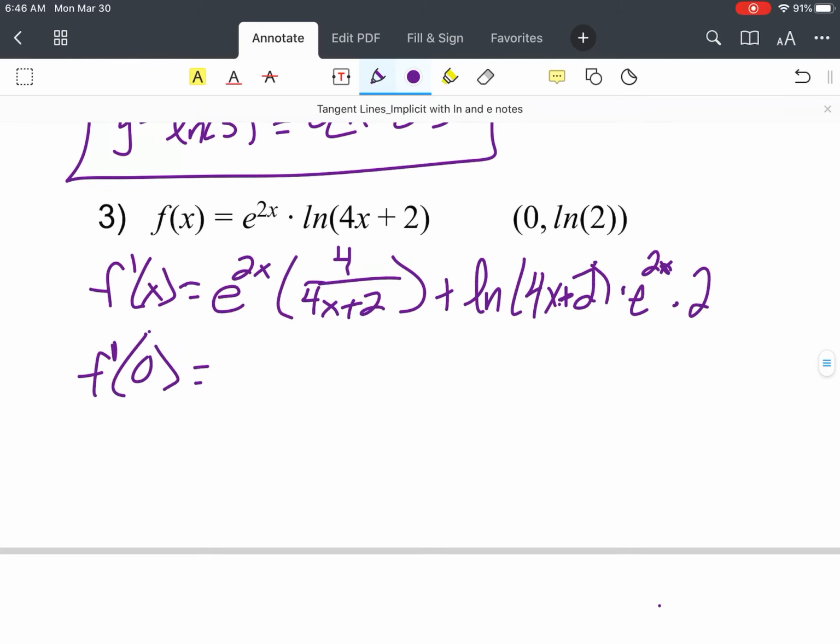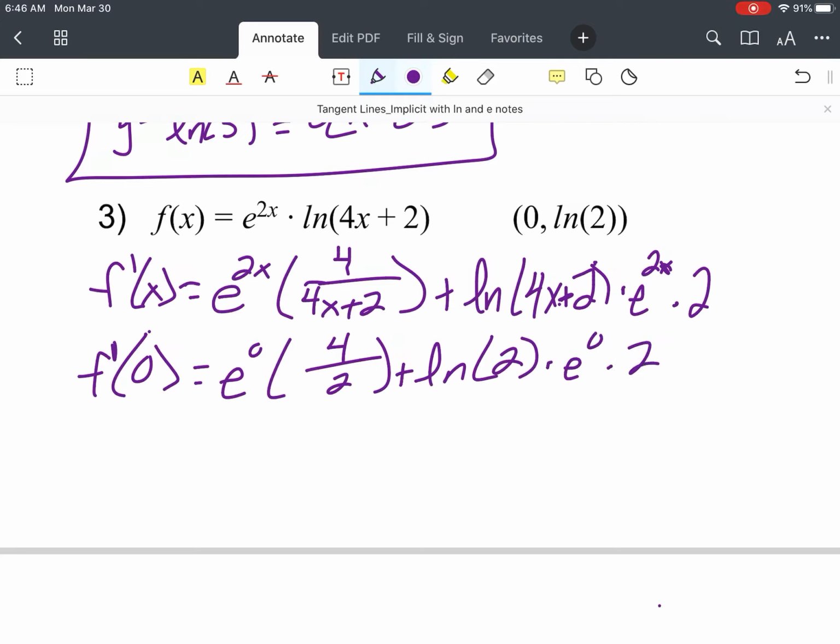So f prime of 0, because that's our x value, is e to the 0 times 4 over 2 plus ln of 2 times e to the 0 times 2. All right, so that's 1 times 2 plus the ln of 2 times 1 times 2.